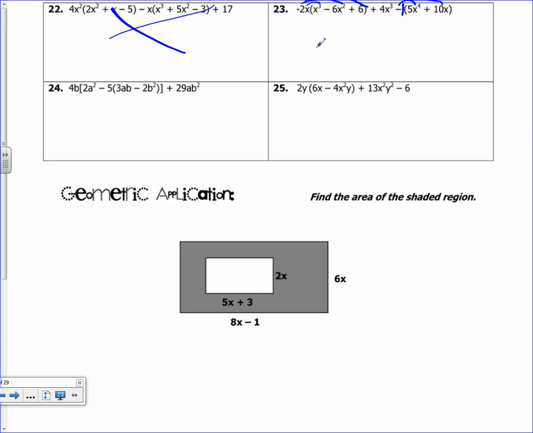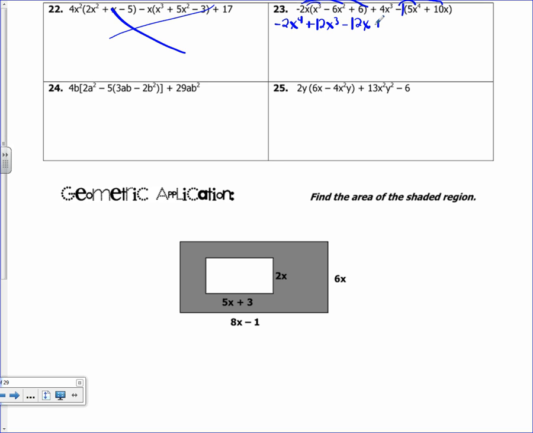Okay. So negative 2 times 3x to the third is negative 6x to the fourth. Negative times negative is a positive, 12x to the third. Negative times a positive is negative 12x.